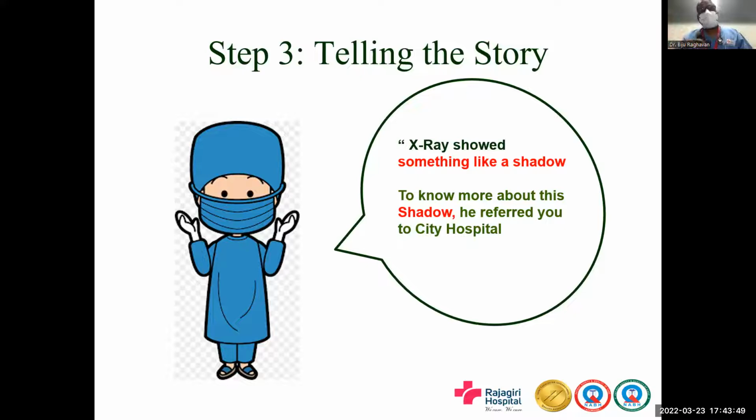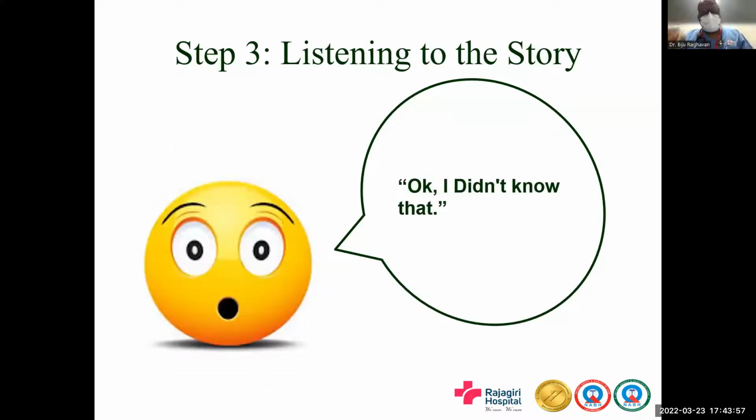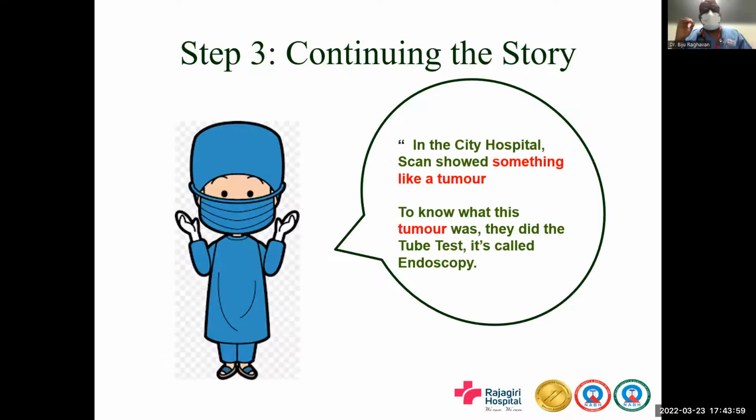X-ray showed something like a shadow, and to know more about the shadow, he referred you to the city hospital. Oh, I didn't know that. Well, in the city hospital, your gastroenterologist did a few tests on you. So, one of that was the scan, and the scan showed something like a tumor.